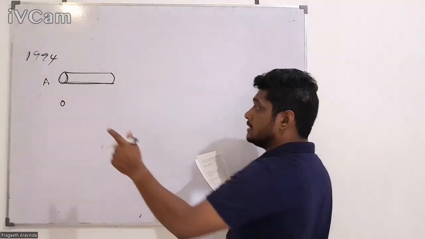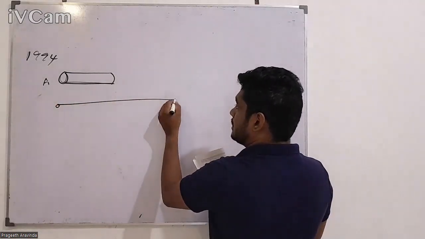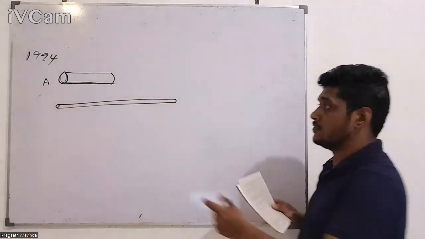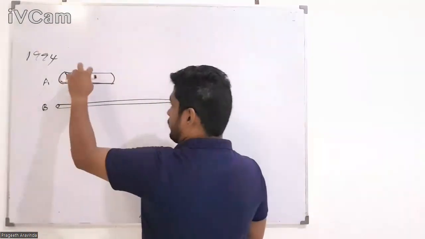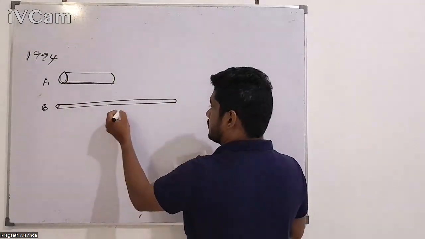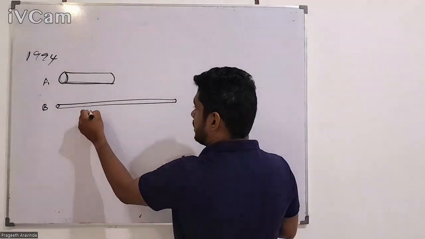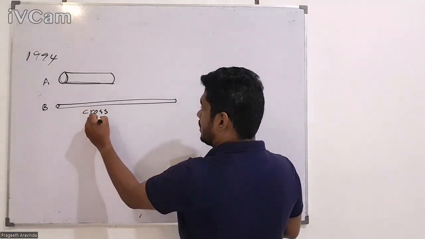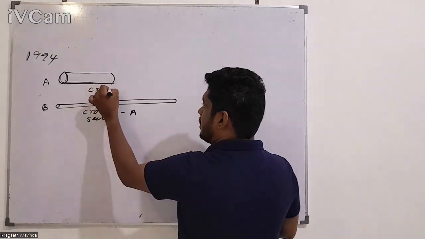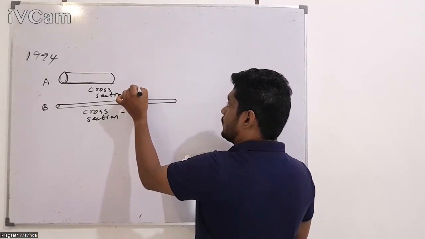Same volume නම් length should be 4 times. Same volume එකේ cross section එක මෙයාගේ cross section එක අපි we write the cross section of this one A. This one is 4A.